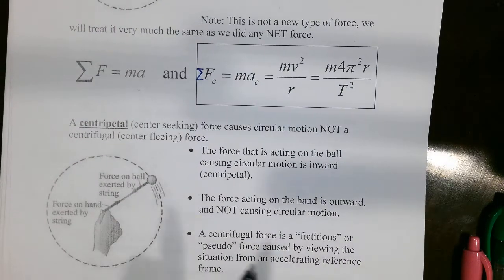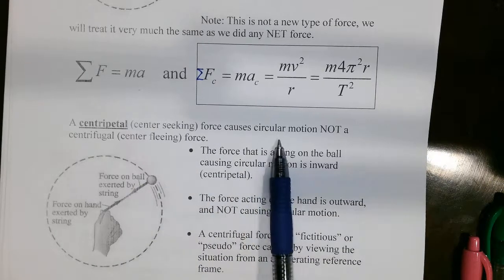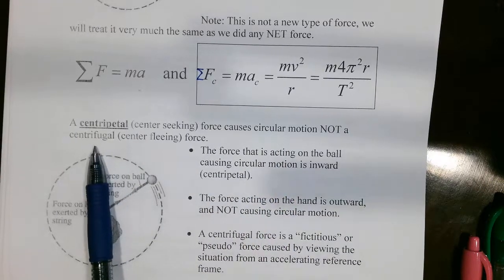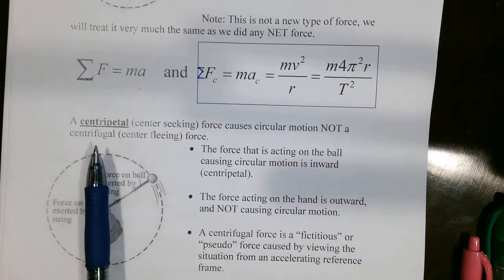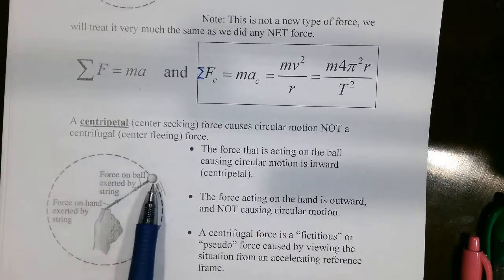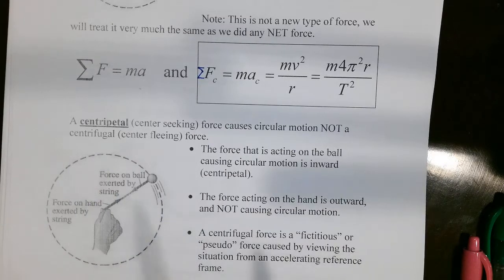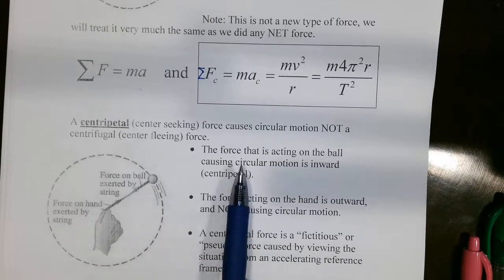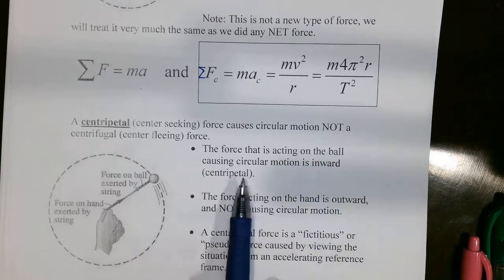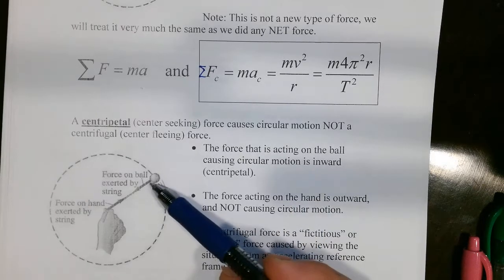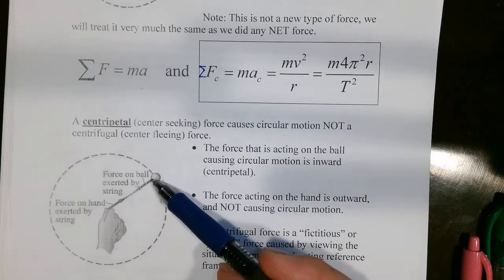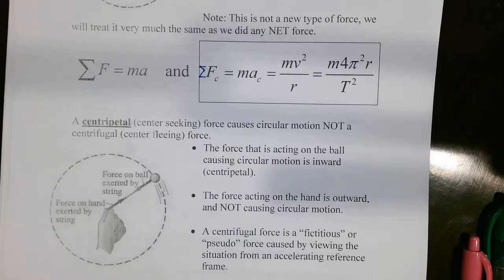Now, the centripetal or center-seeking force causes circular motion, not centrifugal. Okay? This is center-fleeing. This only happens if the observer is being spun around, okay, in a non-inertial frame of reference. So the force that is acting on the ball, causing the circular motion, is inward, okay? So the tension actually has to be pulled in towards the center of the circle for this ball to go around in a circle.